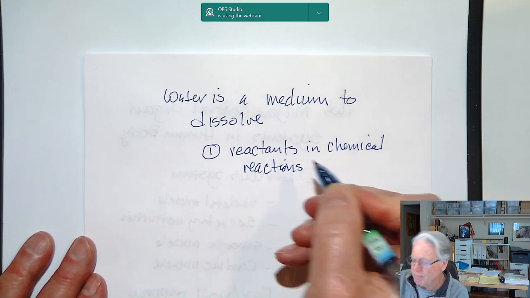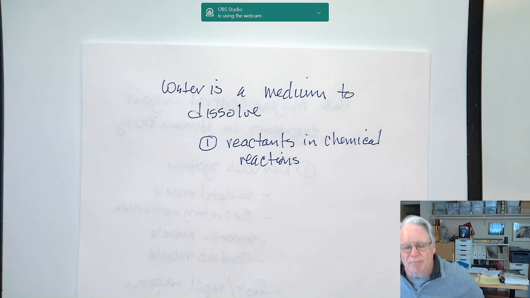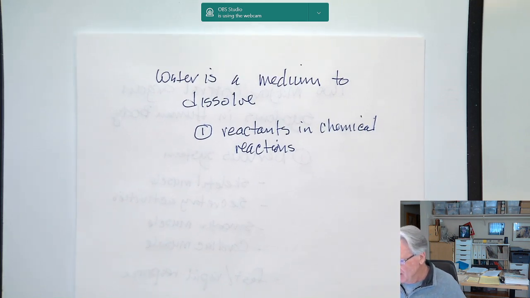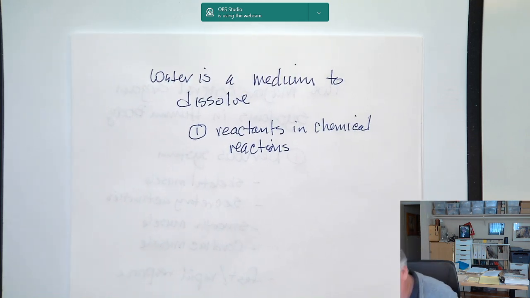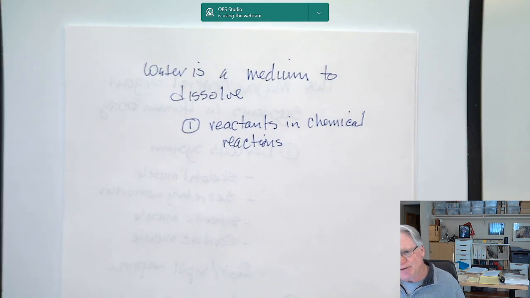Many of the molecules that are part of our metabolism, many of the molecules that are involved in chemical reactions, are substances that are ionized or have charges and are polar.